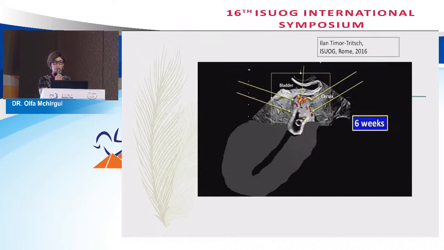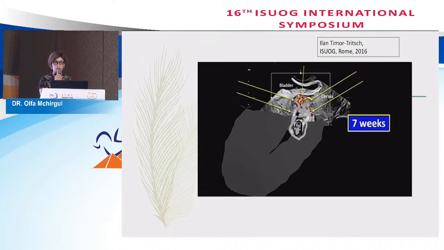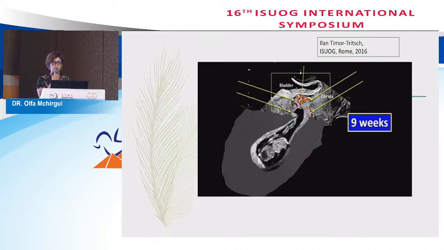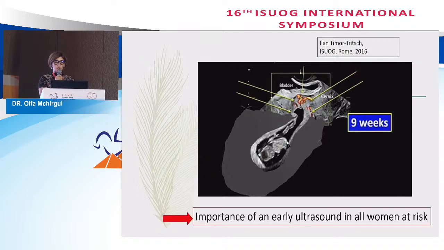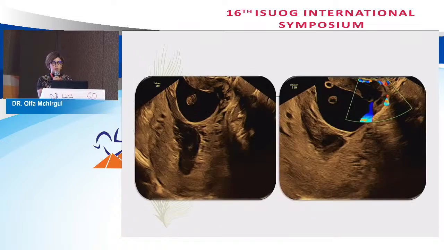In this video, we emphasize the importance of an early ultrasound in all women at risk. As you can see, after 7 weeks, the expansion into the uterine cavity continues, but the placenta stays in its first place. And from this, we can fully understand the seriousness of cesarean scar pregnancy, as shown in our last case, a patient with a history of 2 C-sections who consulted at 9 weeks.